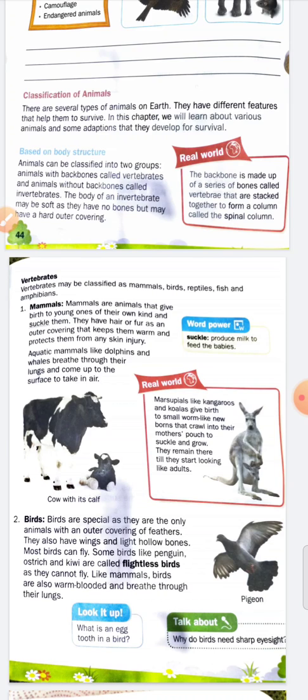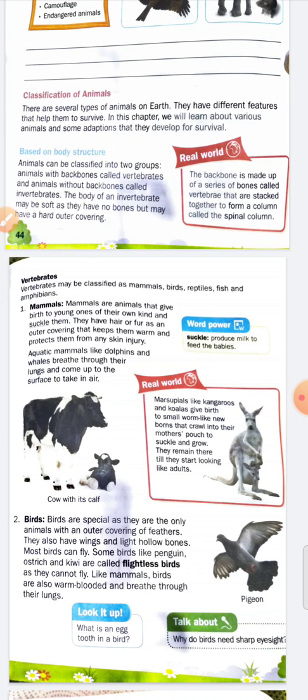This backbone is made up of a series of bones called vertebrae, that are stuck together to form a column called the spinal column. When you touch your back, in the middle part you can feel a series of bones stuck together to form the spinal column. The body of invertebrates may be soft because they have no bones, but may have a hard outer covering.